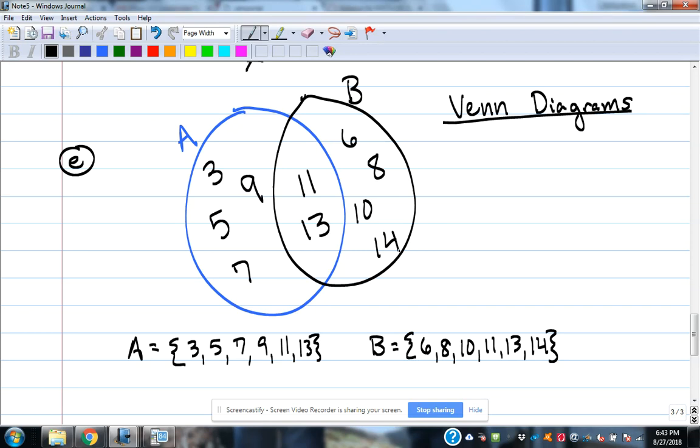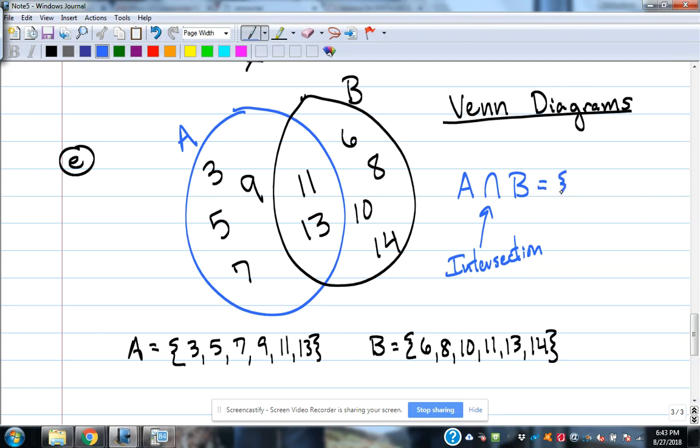Now, within that, we can do this notation deal. A intersect B. That's the symbol for intersect, or intersection. That's a set.